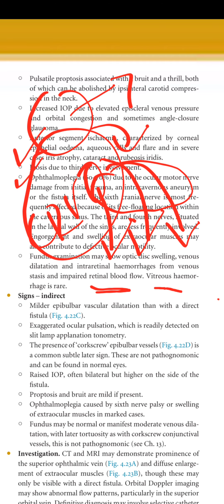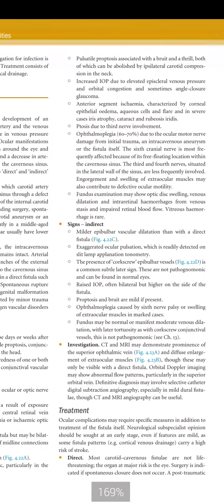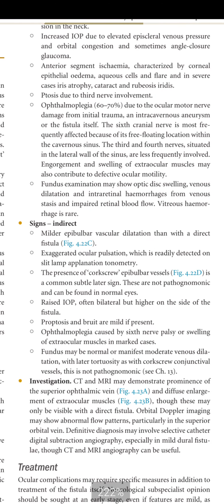Vitreous hemorrhage is rare. Whereas in the indirect type, there will be mild epibulbar venous dilatation, as opposed to a direct fistula. There will be exaggerated ocular pulsation, which is readily detected on slit lamp applanation tonometry.